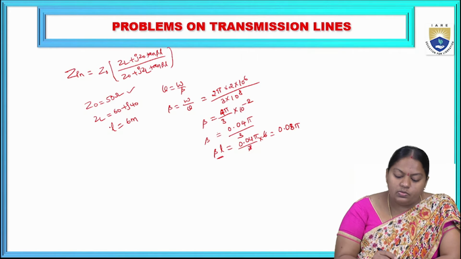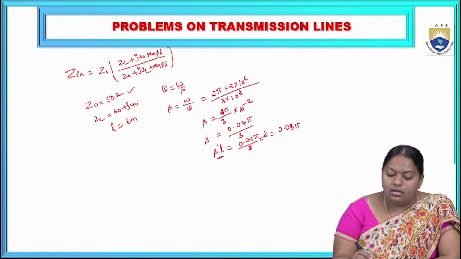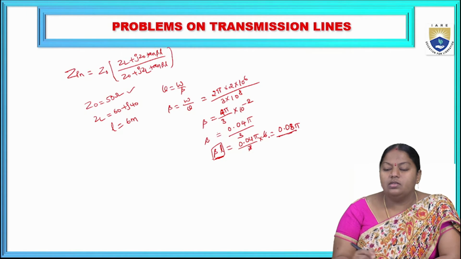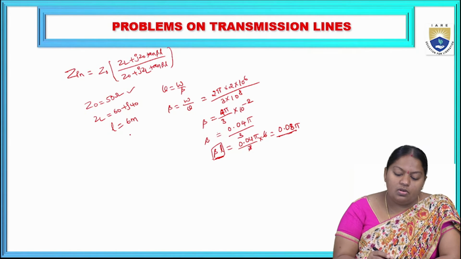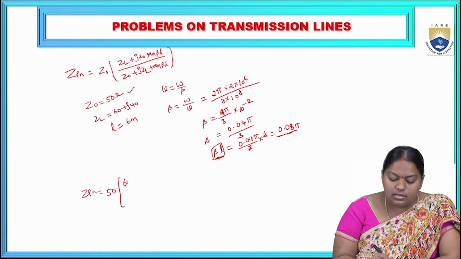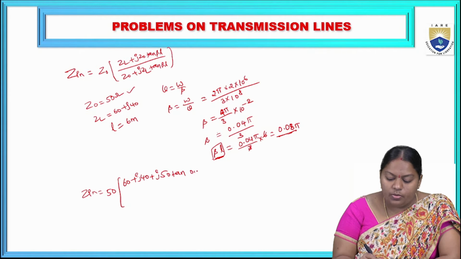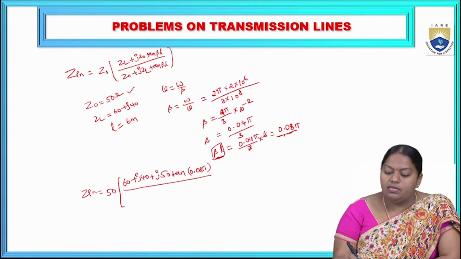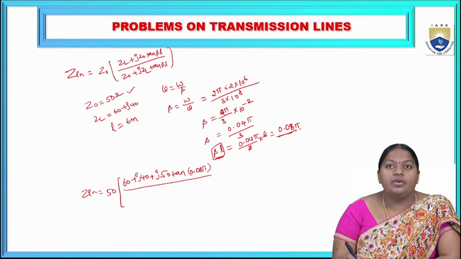Now substitute all these values, Z0, ZL, L, or if you multiply beta and L, the result will be 0.08 pi. Then Zin is equal to Z0, that is 50, into ZL, which is 60 plus j40, plus jZ0, again 50, and tan 0.08 pi, because beta L is 0.08 pi.